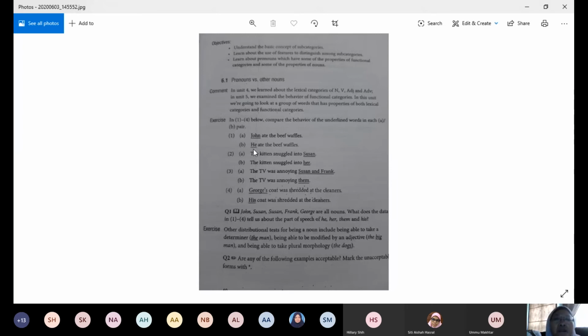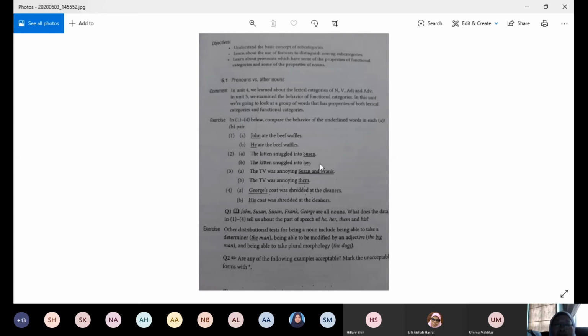So he can happen in subject position like John, like his coat, okay? It can also happen in the object position. For example, into her, into Susan, into her. The TV was annoying Susan and Frank, and you can actually substitute that with annoying them.